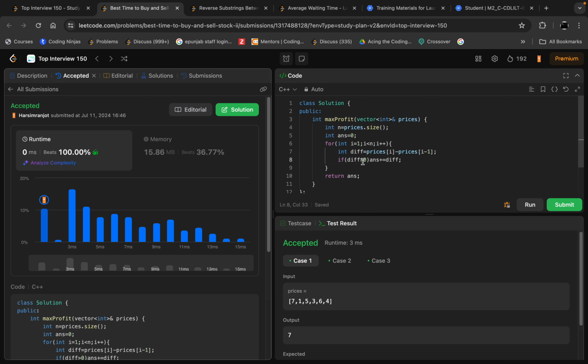I can simply copy this in my if condition. If it turns out to be greater than 0, I'll simply add it to my answer.